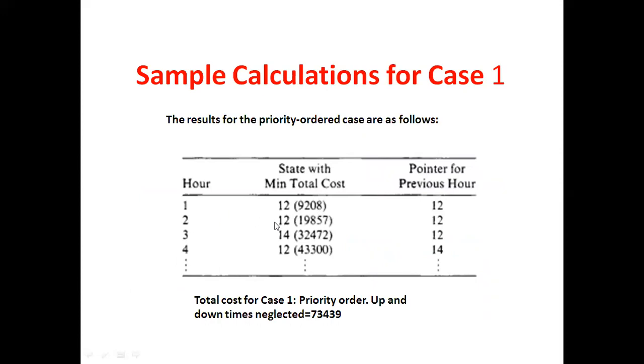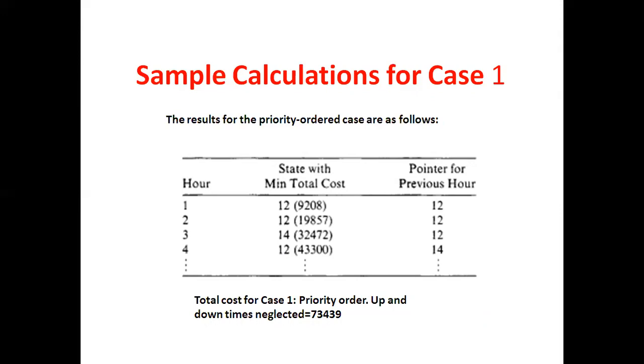For hour 2, the same state 12 will give 19857. For hour 3, state 14 will give 32472. And for hour 4, the minimum value will be given by state 12, that is 43300.